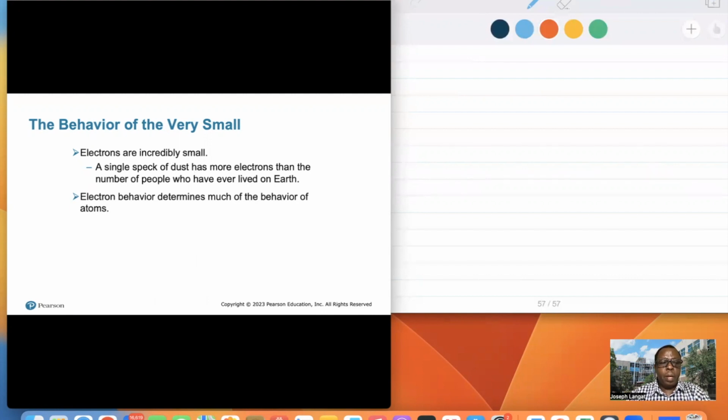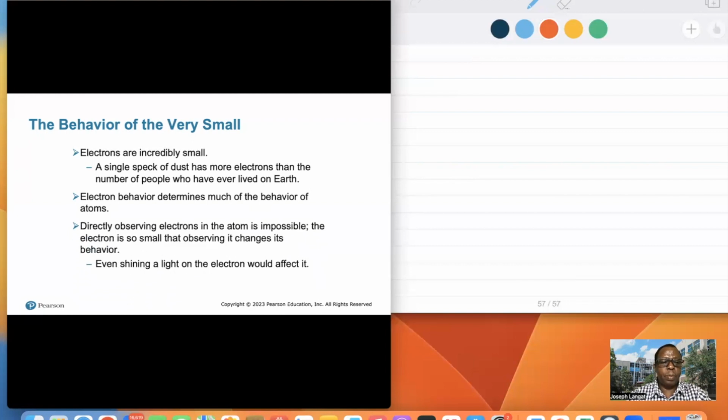Apparently, electrons determine the behavior of atoms. For example, group 1 elements react the same way. They have one electron outside. We're going to talk about the valence electron down the line. But it's the electron which actually determines the behavior, the reactivity, and the physical properties of elements on the periodic table.